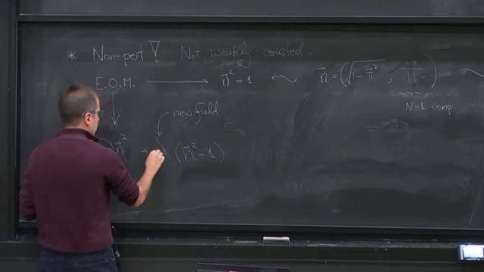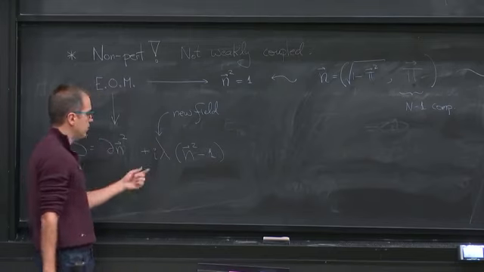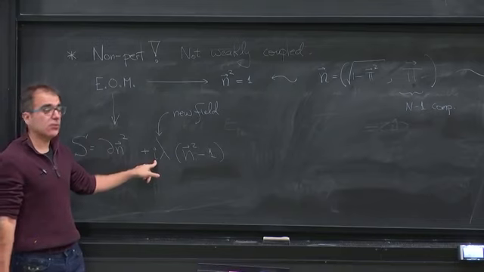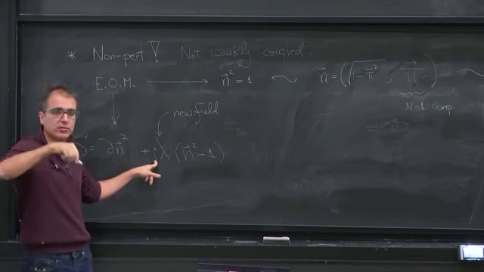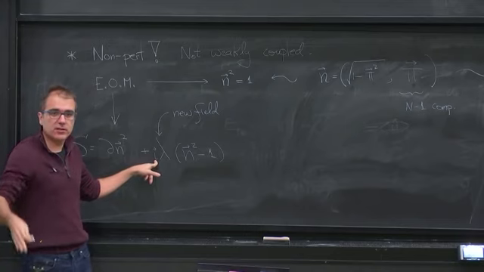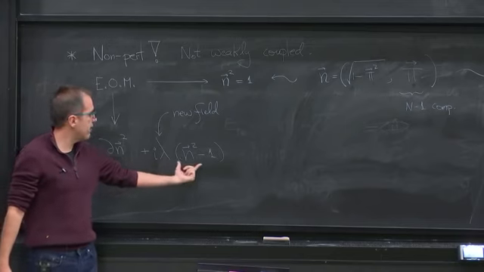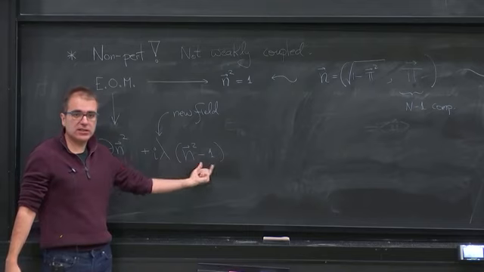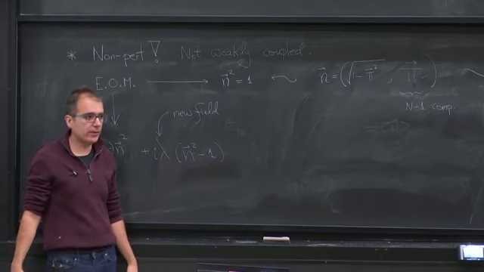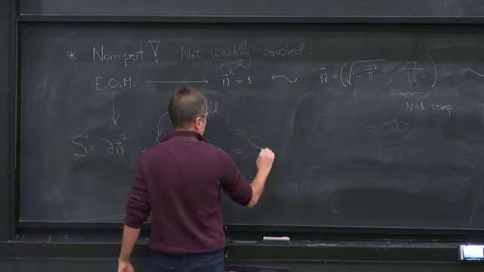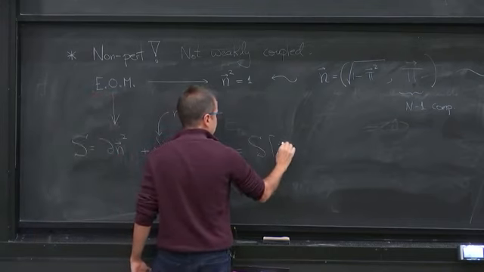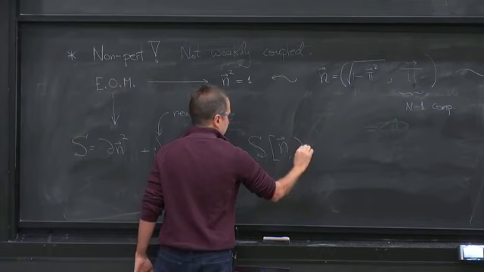If you want, you can put an i here. Do you like with an i? It's just that with an i, it reminds you that e to the i lambda x, if you integrate over lambda, gives a delta function. And so this looks like a functional delta function that sets n squared equal to 1. And now our action is an action for the field n and for the field lambda.